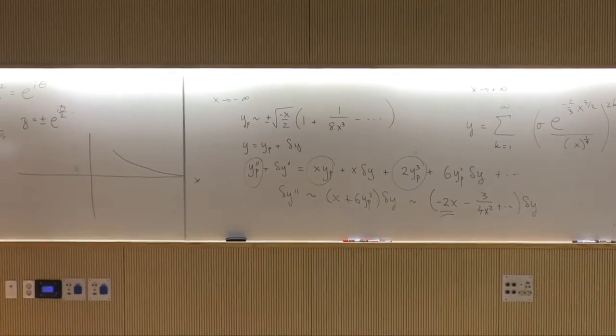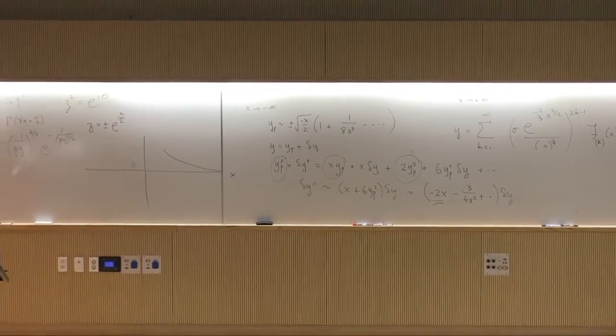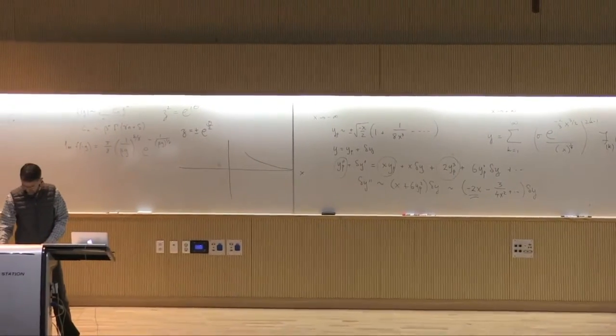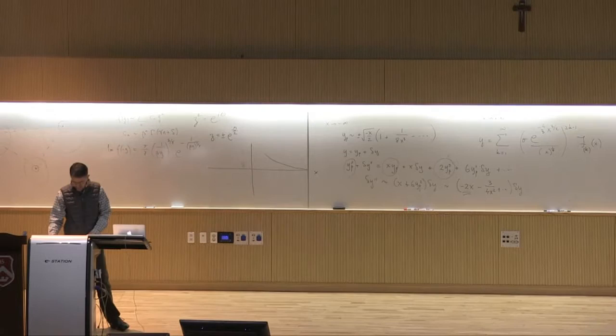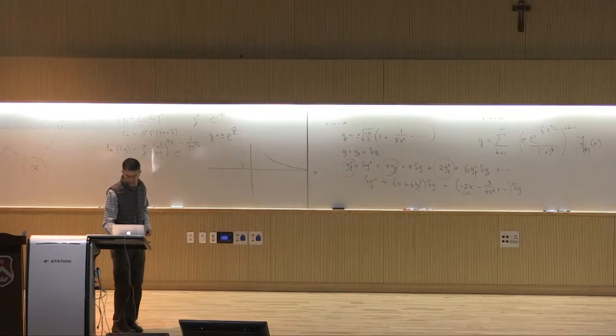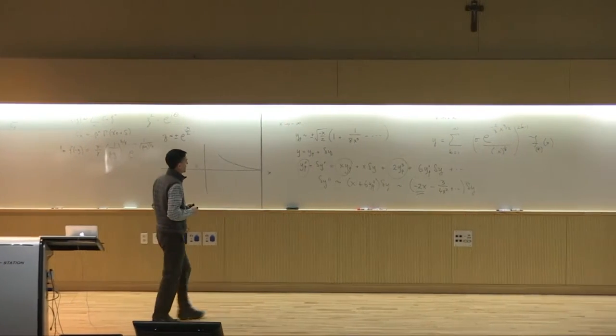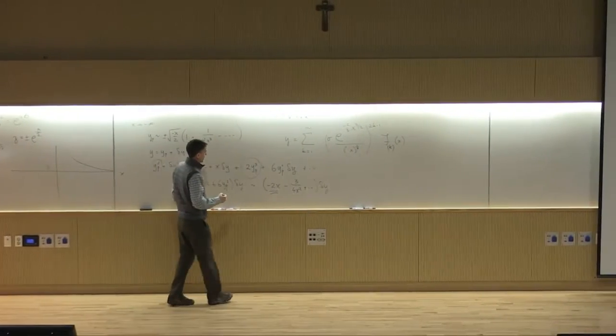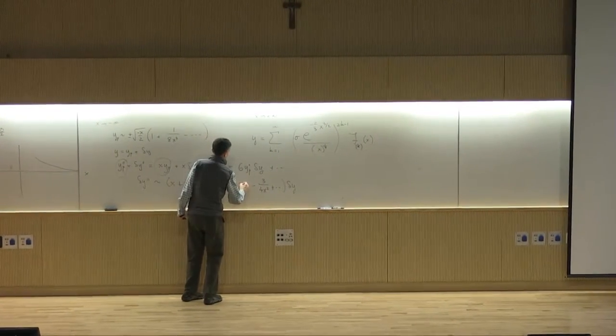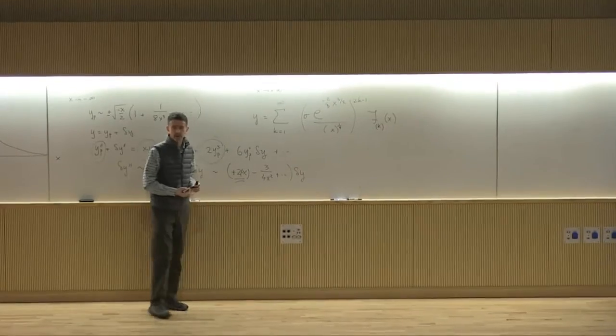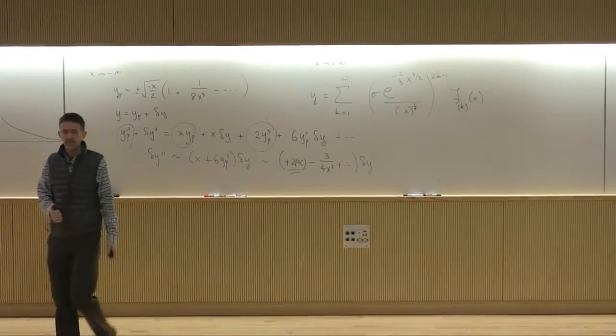I'm a little worried about something here. Yes, okay. Sorry, the issue is that I'm going to write this as plus minus x, because we're talking about x negative here. Okay?